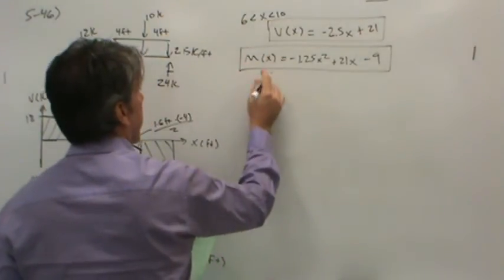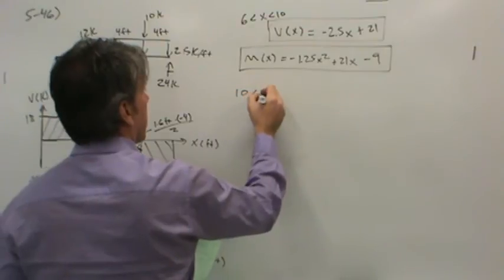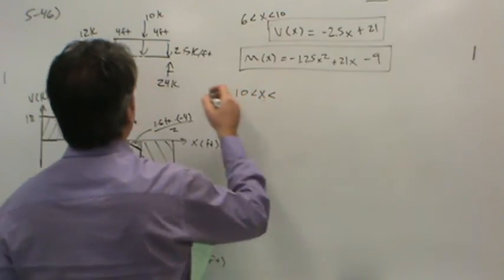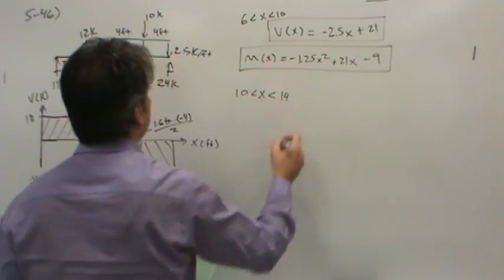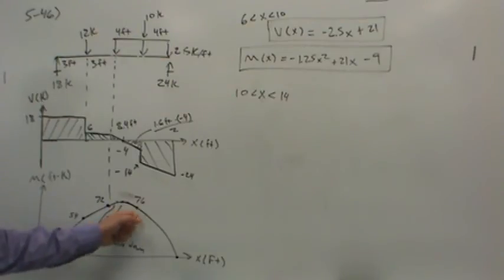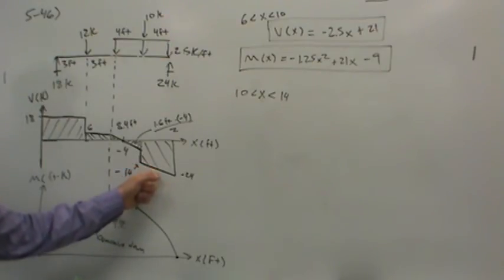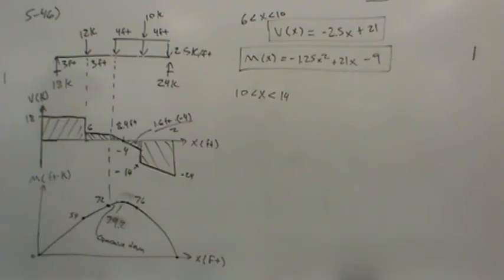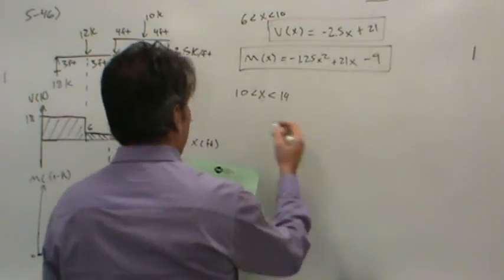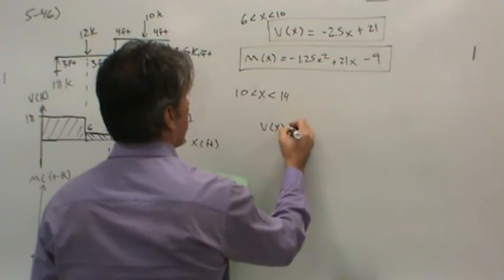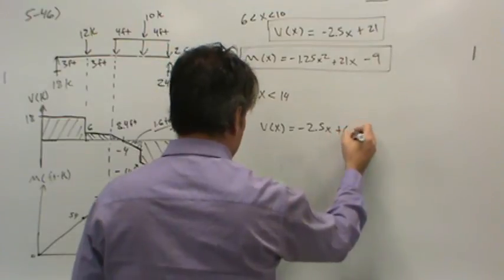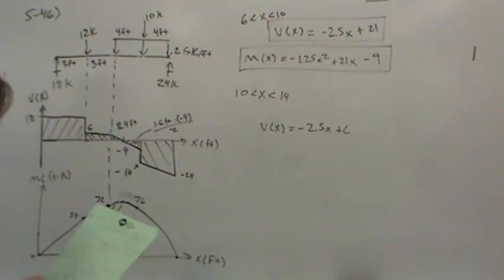What about when x is between 10 and the end, which is 14 feet? What happens in that section? Well, we need a different equation for the shear, because while the slope is the same, the offset is different. So for that section, since the slope is the same, we'll still have our negative 2.5x, but now the constant at the end will be different.